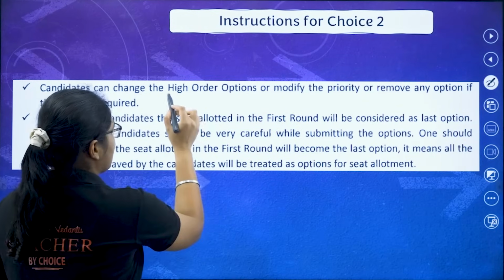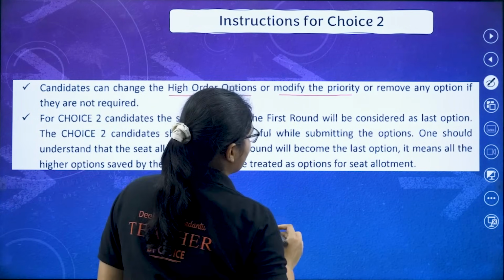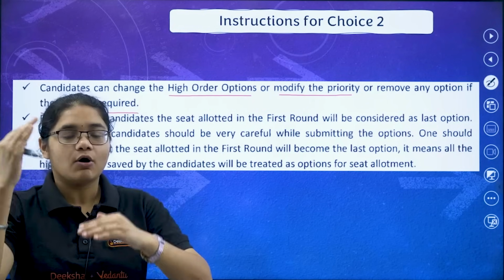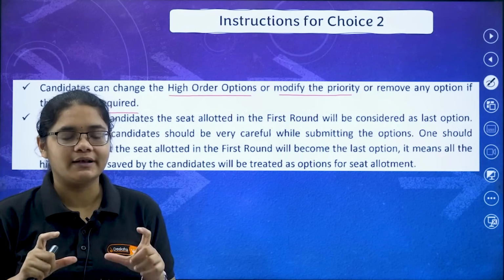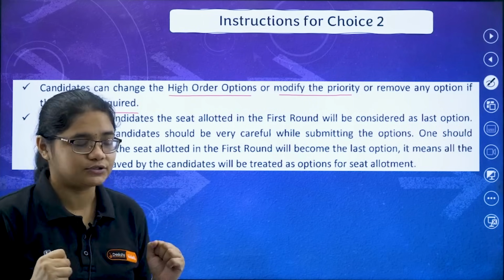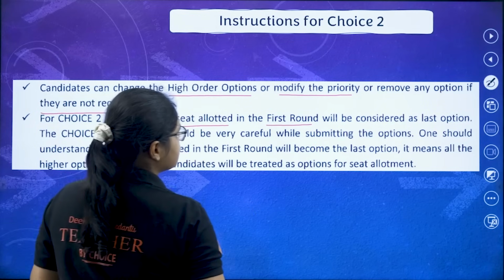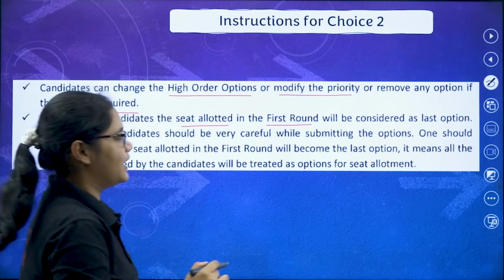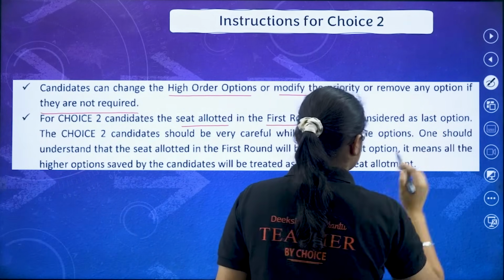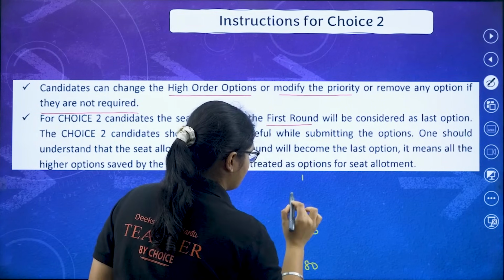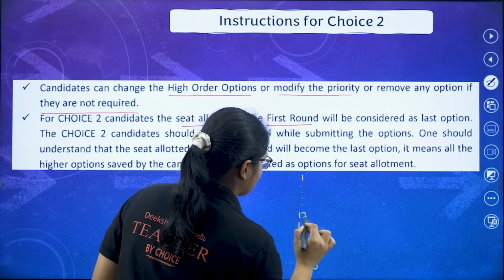Candidates can change the higher order options, modify the priority, or remove any option if they are not required. Okay, so you can alter all the options from 1 to 122. You can change the order of these options. Now, for choice 2 candidates, the seat allotted in the first round will be considered as the last option. So, for example, we have 1 to 180, the 123rd seat is allotted to you, and here you have up to 122.